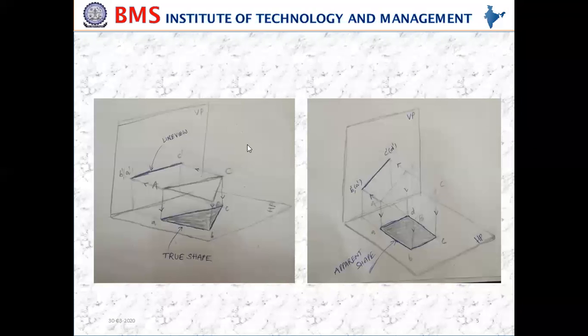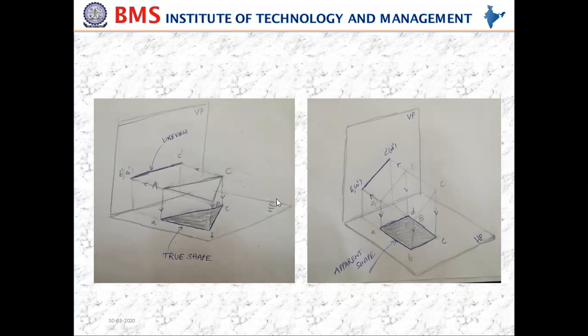So here, when viewing from the top surface of the object, I am going to get the true shape of the triangle, right? If you look at this, the shaded one represents the true shape of the object. Is it clear what I'm talking? So when you look from the top of this surface, the true shape of the triangle can be seen in the top view.